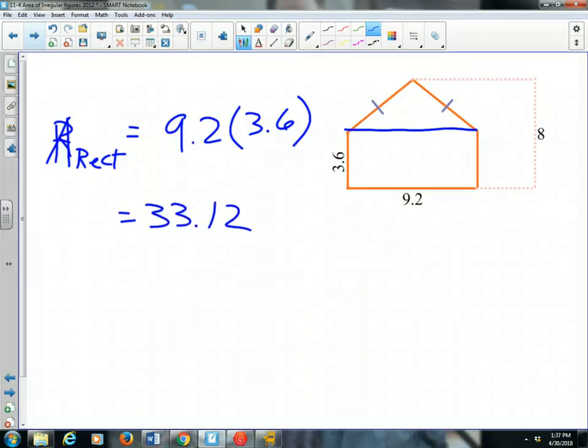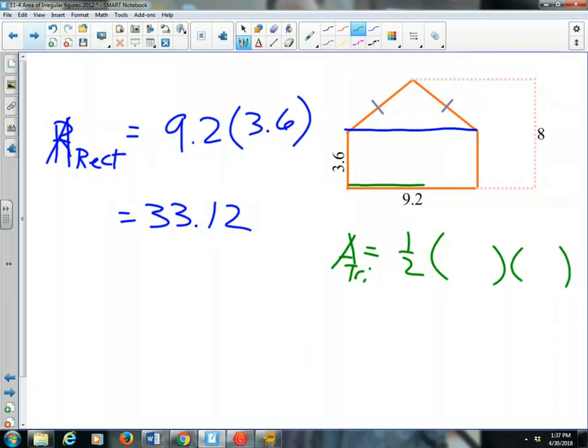And then the area of the triangle is 1/2 base times height. The base is easy enough to find. This is the base, so the base is 9.2. The height, however, is this distance. It's not quite given to us, but we can certainly find it.